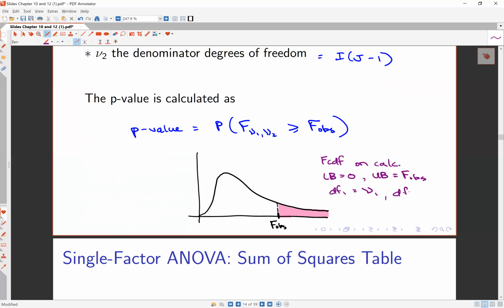Degrees of freedom 2 would be your denominator degrees of freedom. What I suggested you enter here will give you the area to the left, so your p-value would be 1 minus that quantity. And we'll do some examples of F distribution calculations during our live session tomorrow.